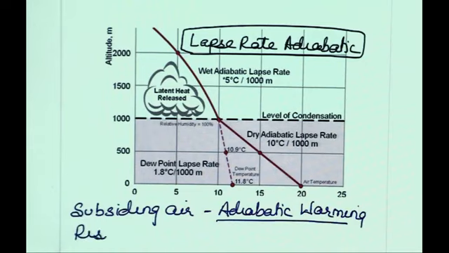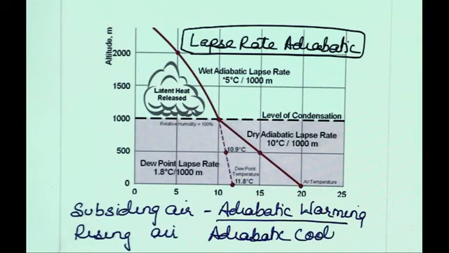And we have already learned rising air will be subjected to adiabatic cooling. And adiabatic cooling is also referred to as adiabatic lapse rate.